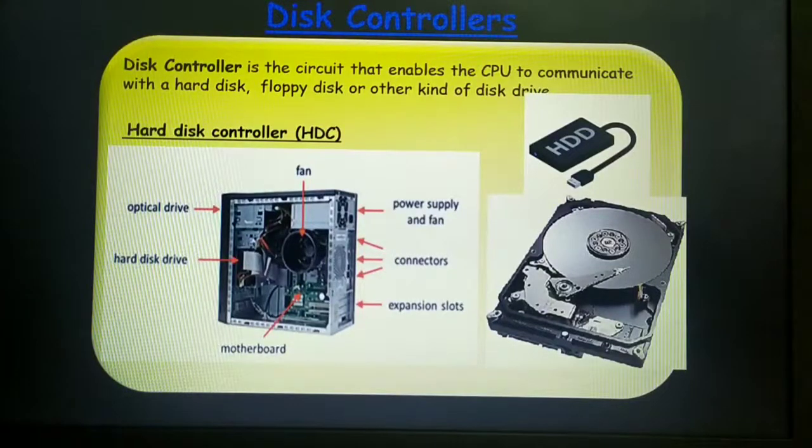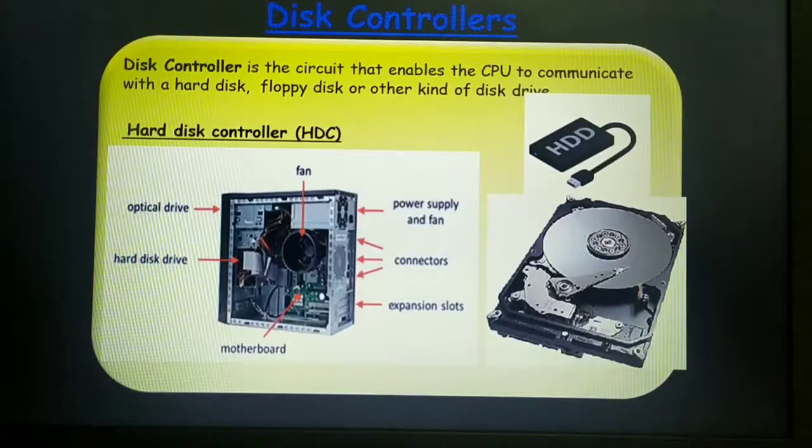Similarly, if I'm using an IDE hard disk controller, it will allow at least 2 hard disks to be connected to your computer system at a time. If I'm using the enhanced one, that is EIDE, then at least 4 hard disk drives the computer can connect. So this was all about the hard disk controller.